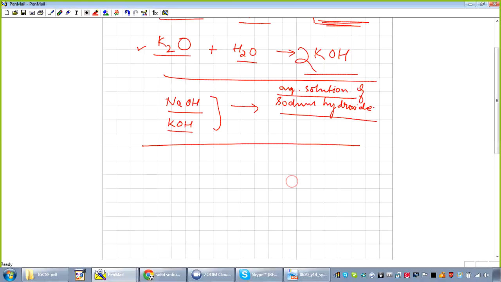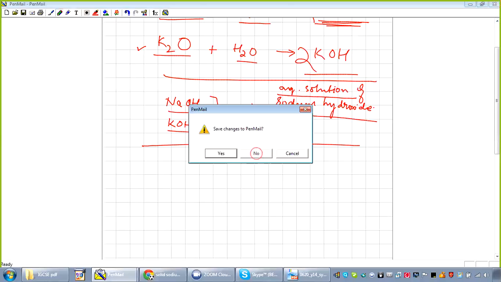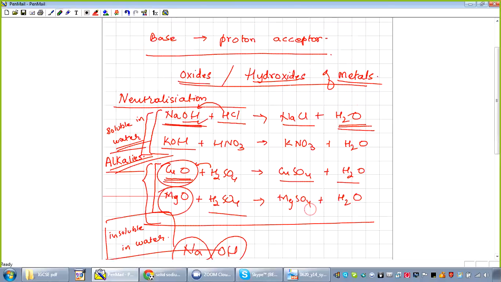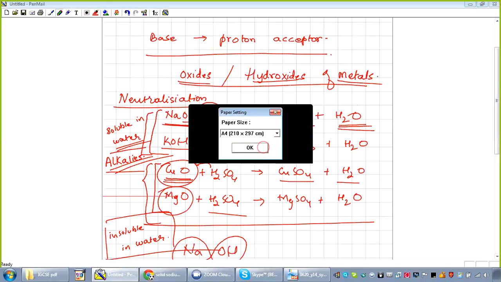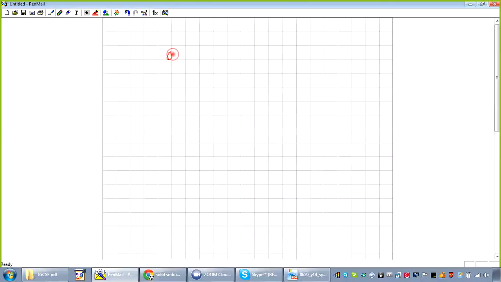Okay. The next part that we are doing over here: oxides of non-metals. I'm taking a few non-metals like carbon, nitrogen, sulfur, phosphorus.